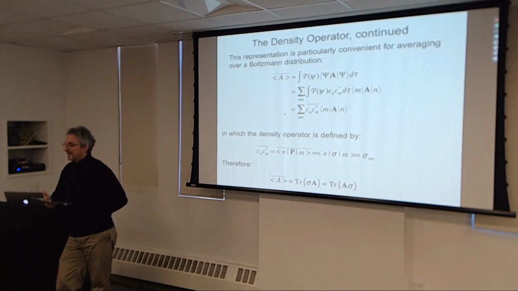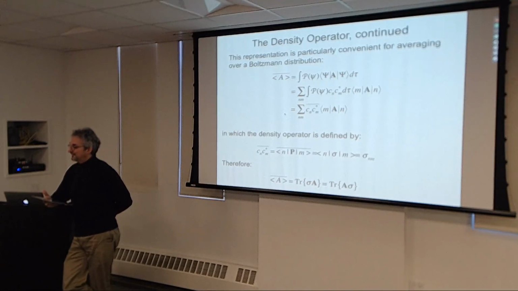But that's not how NMR works. In NMR, we have 10 to the 17 spins, and they're in Boltzmann equilibrium with each other. So we have to do something about the fact we have Boltzmann thermal equilibrium in our experiments. We're not doing molecular beam experiments in high vacuum that one might do in a physics department.